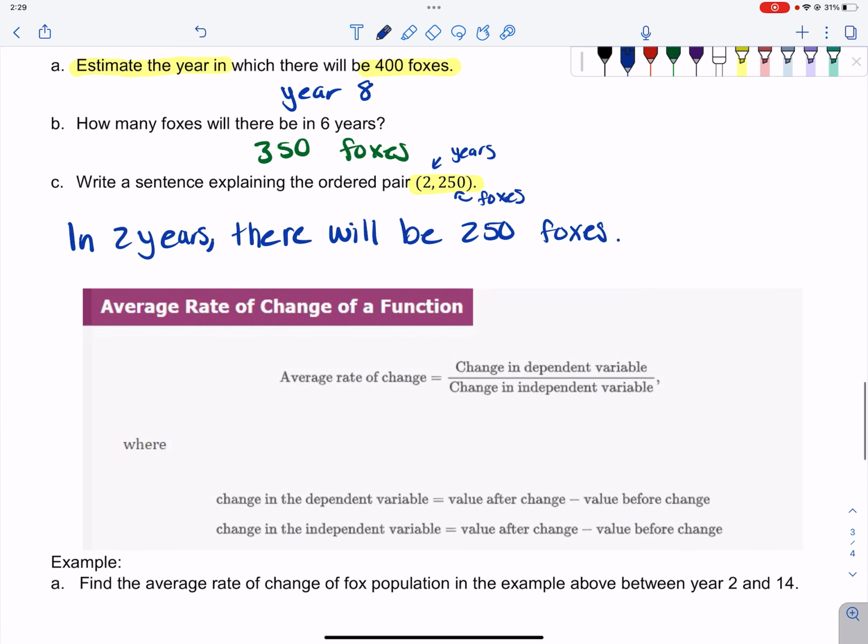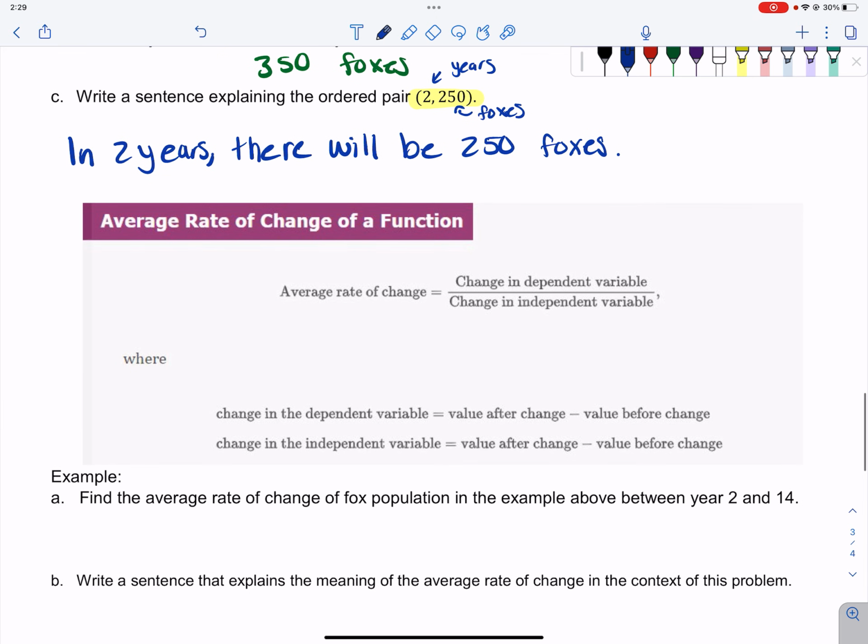The next thing we're going to go over here is the average rate of change of a function. This is our change in the dependent variable, the change in our y variable, divided by the change in the independent variable, the change in the x's.